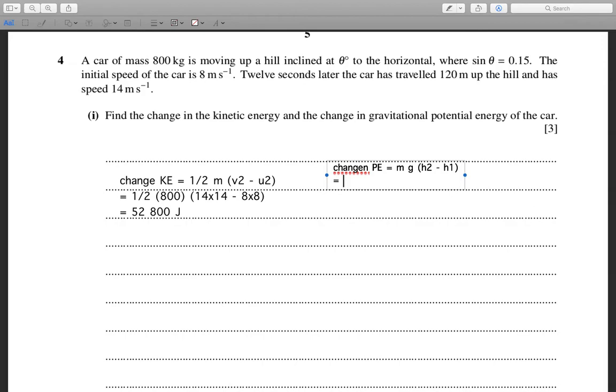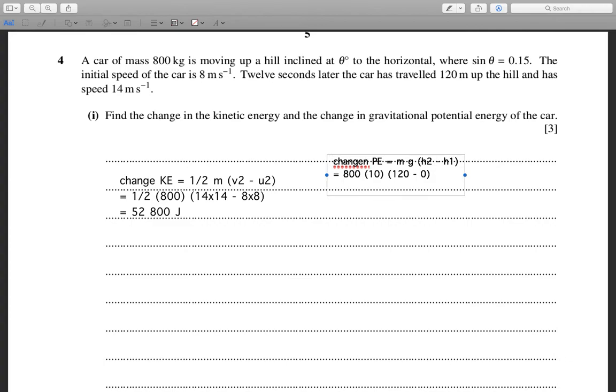We have m equals 800 kg, and let's say g is 10. And h is 120 meter, starting from 0.